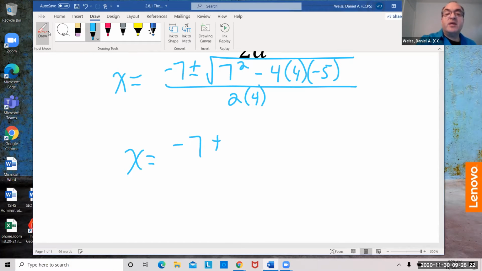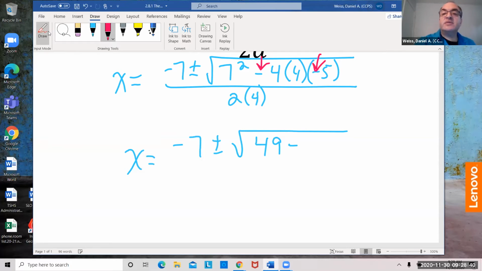Negative 7 plus or minus square root 49 minus 4 times 4 is 16 times 5 is 80. But remember here, I've got a minus here and a minus here. So it's not minus. I'm going to make it plus.